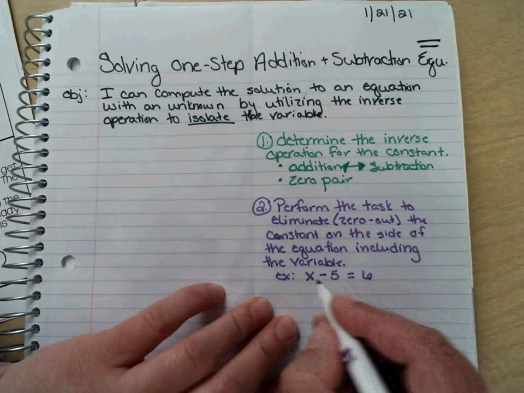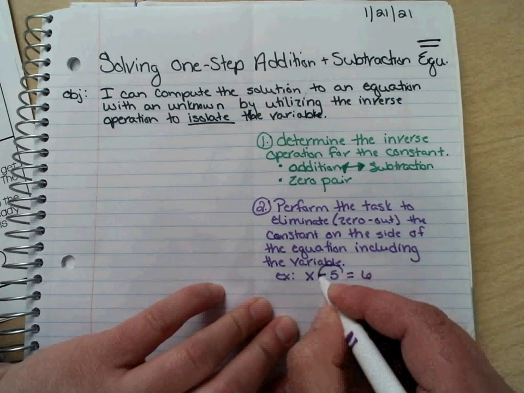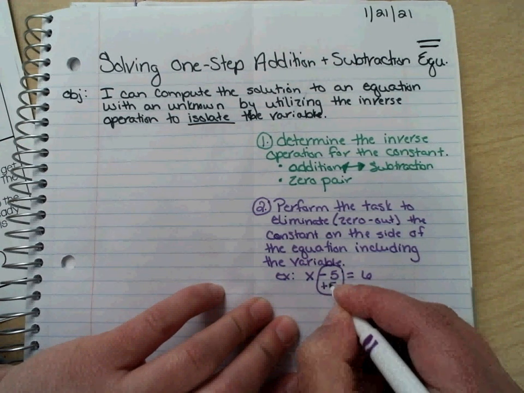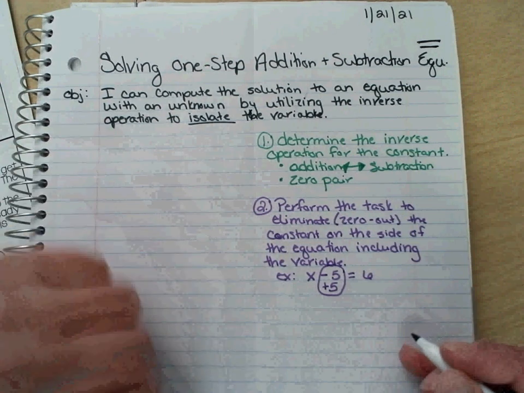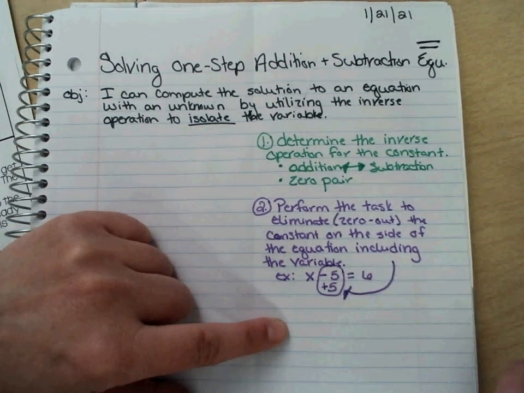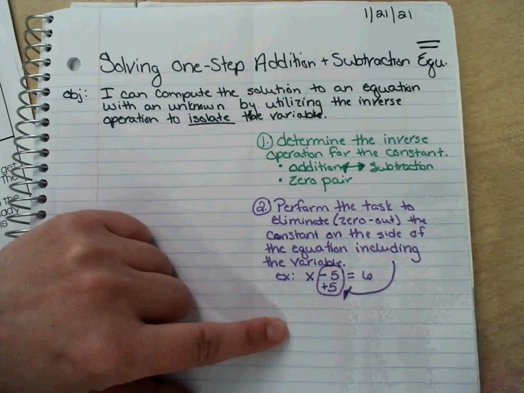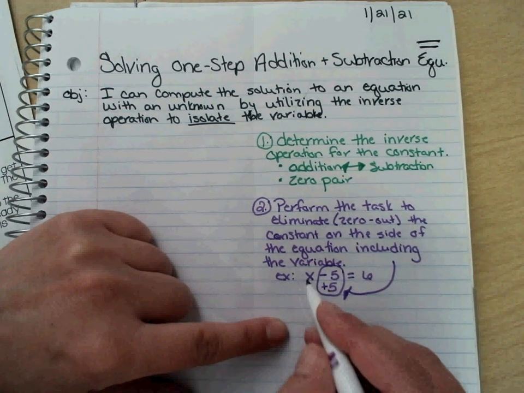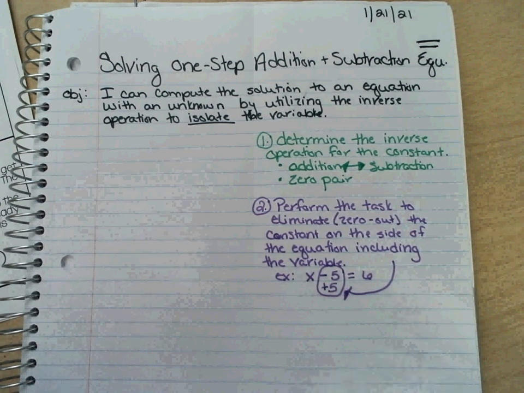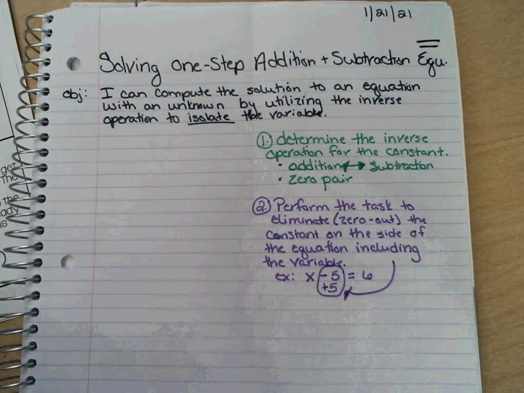So this is the side of the equation with the variable, and so this is what we're talking about. So notice I have a negative 5, so in order to cancel it out, I would need to do a positive 5. So this is the side that we're looking at. Okay? Notice this side doesn't have a variable. And our whole goal is to isolate the variable, which means get the variable by itself. Okay?